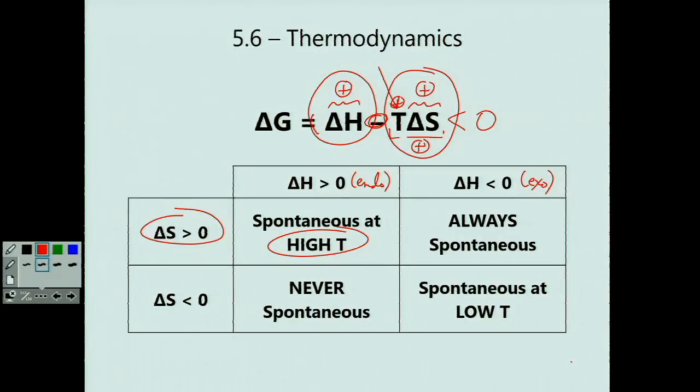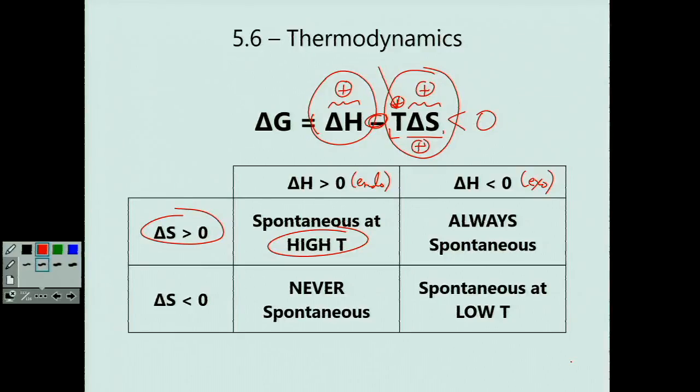So that can only happen spontaneously at high temperatures. If you put a pot of water on the stove, it's not going to boil spontaneously at room temperature. You need to crank up the heat for that to happen spontaneously. Once it's at the boiling point, you can walk away. It's a perfectly spontaneous process. It will evaporate or vaporize, right, at the high temperature.